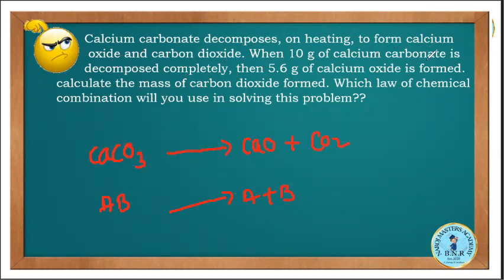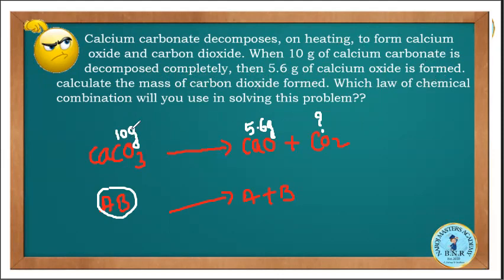When 10 grams of calcium carbonate is decomposed completely, then 5.6 grams of calcium oxide is formed. Calculate the mass of the carbon dioxide formed. Here the mass of carbon dioxide is a question mark.